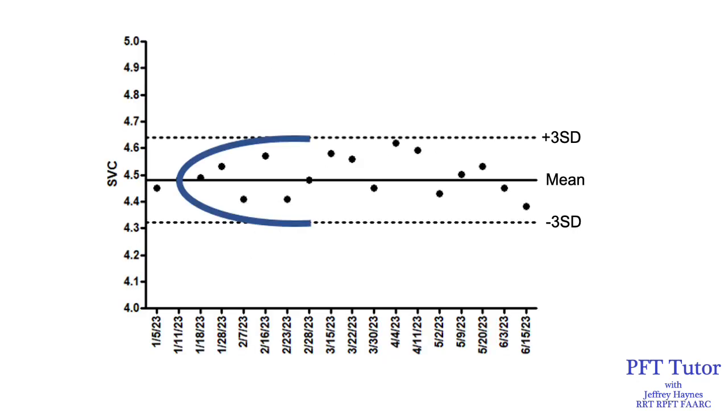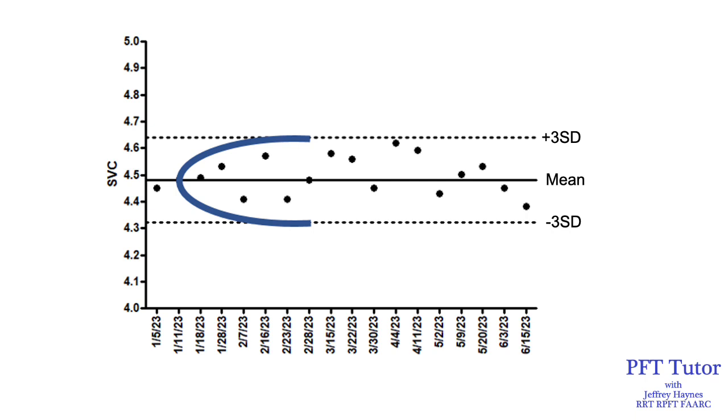Blood gas QC and PFT biological control data are usually plotted in a Levey-Jennings chart. As shown here, slow vital capacity data is plotted over time. The mean value is depicted by the solid line, while the plus or minus 3 standard deviation range is depicted by the dashed lines.